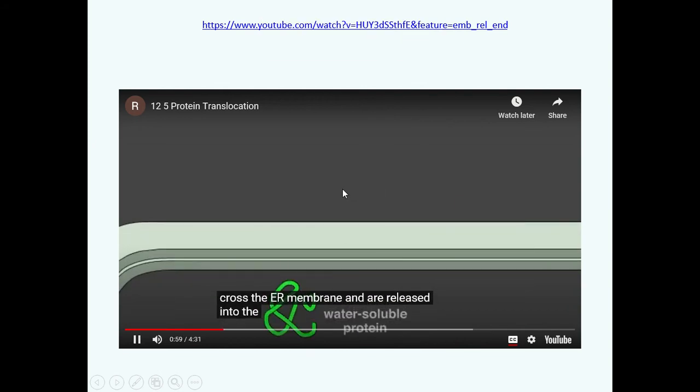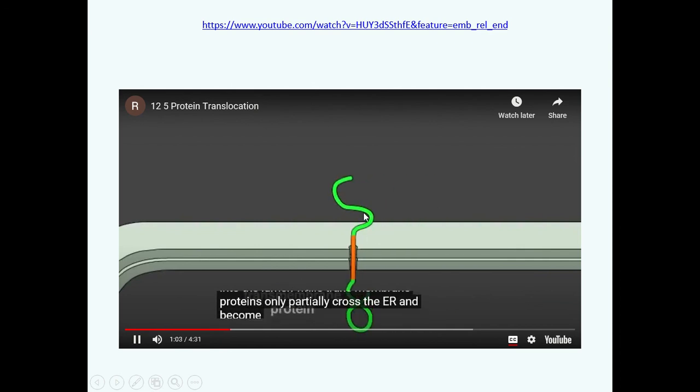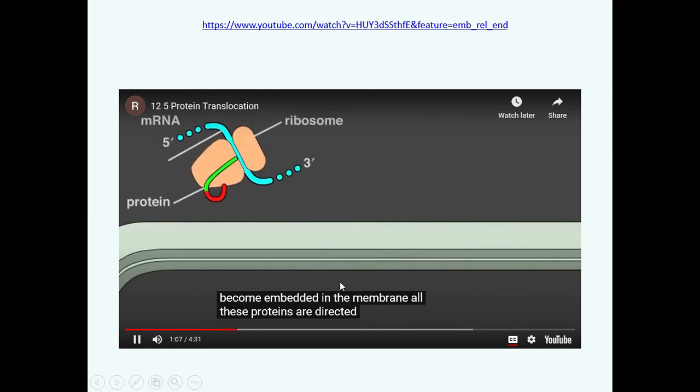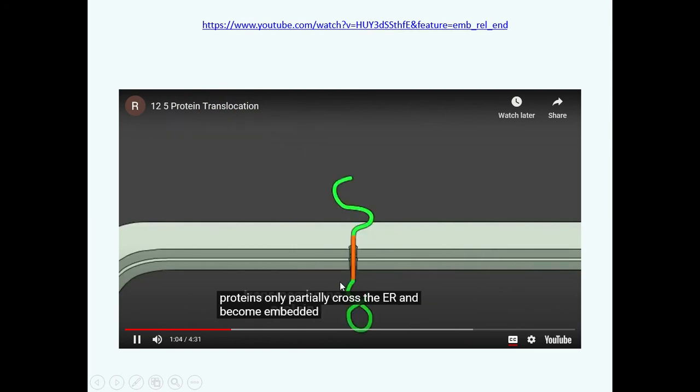So some are transported into the lumen of the endoplasmic reticulum, while others are membrane embedded, so they are partially transported across the membrane of the endoplasmic reticulum, and hence they are inserted in the membrane.